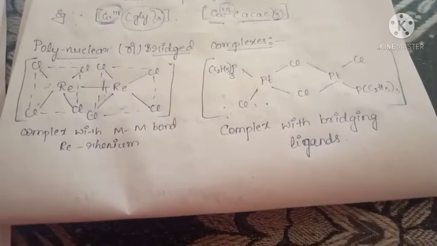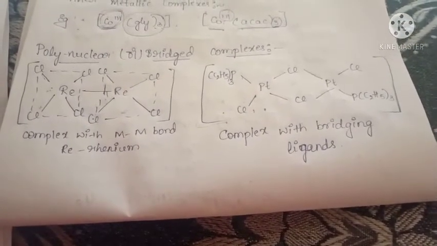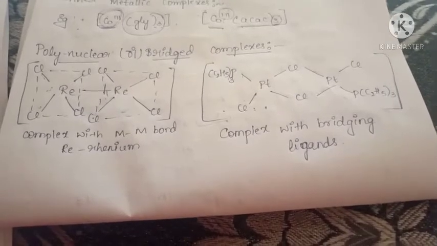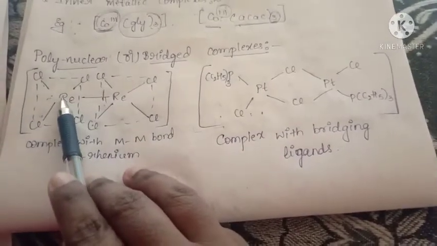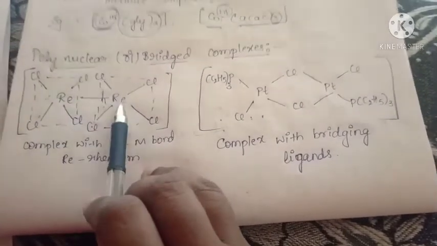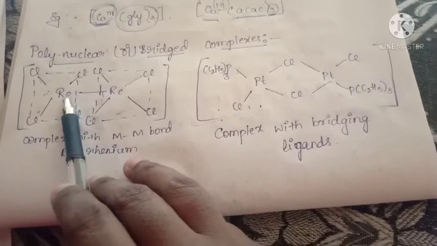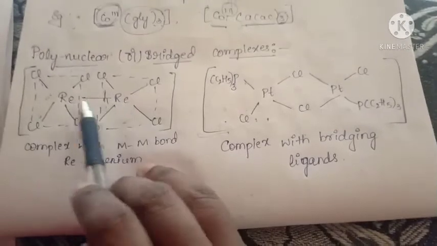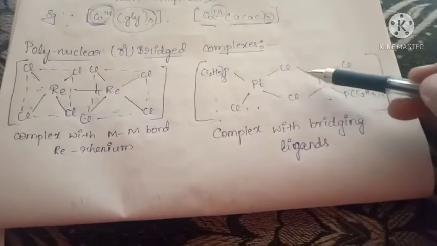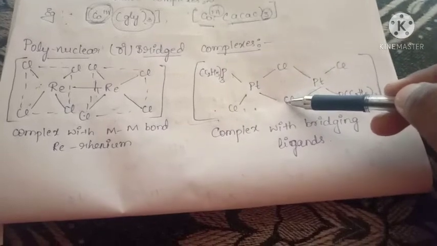It means coordination compounds containing two or more metal atoms should be present in the single coordination sphere. How these complexes form is, two metal atoms are either directly bonded, as in this complex where the rhenium metals are directly bonded with each other, or, in this complex, there is no direct metal bond and there are bridging ligands.